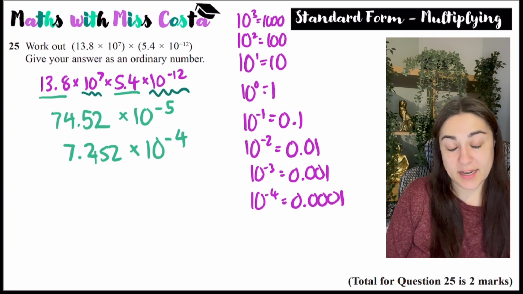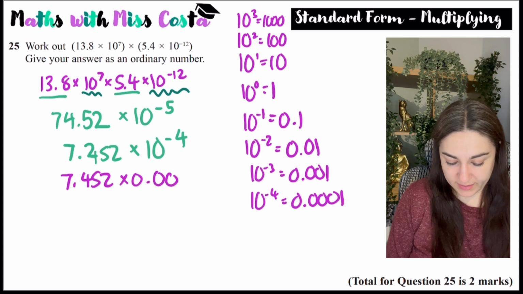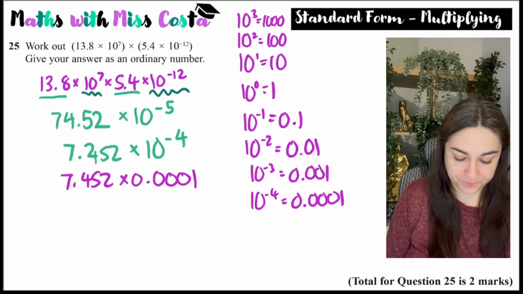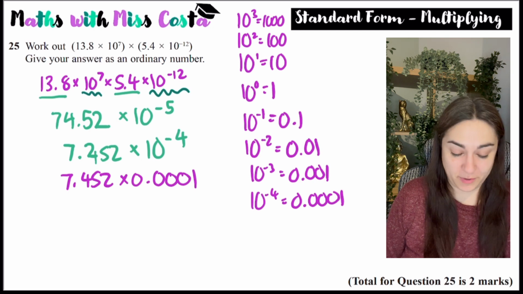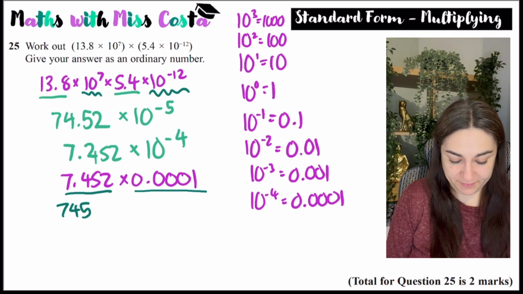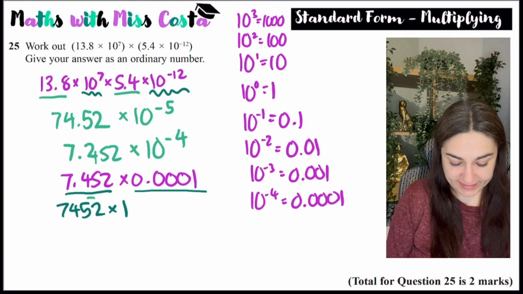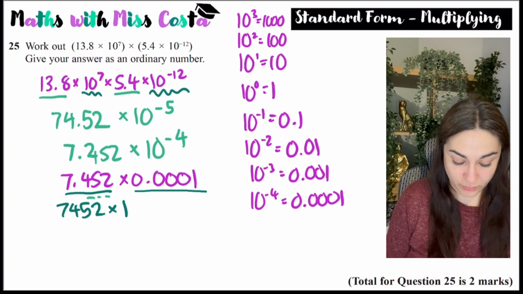So essentially, I'm multiplying 7.452 by 0.0001. When I'm multiplying decimals, you can turn everything into whole numbers. So that's the same as saying 7,452 times by 1. And then your answer needs to have however many digits are after the decimal point in your calculation.